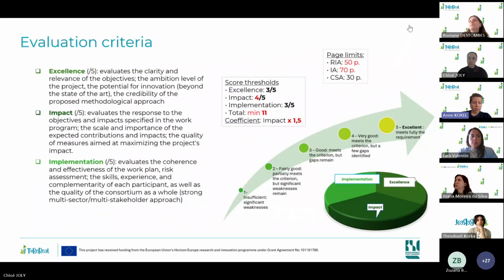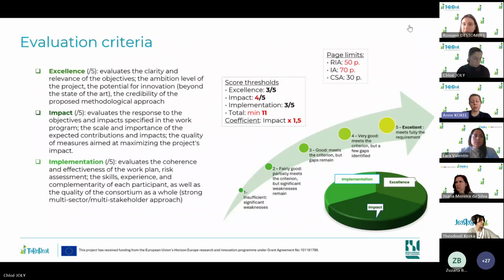So you need to really provide some figures, even if they're estimations, but I think it's important to back up your impact with figures and science. Then the implementation will evaluate the effectiveness of the work plan, the risk assessment, the skills, experience, and also complementarity of each participant, and the quality of the consortium as a whole.